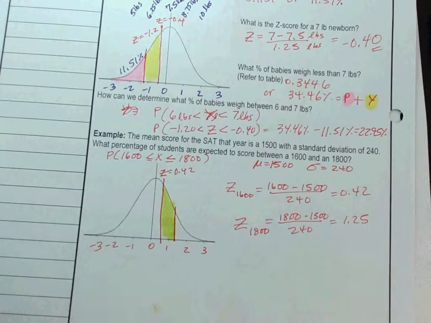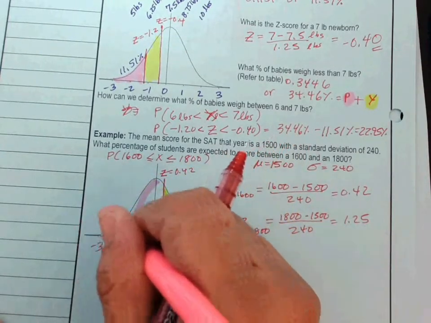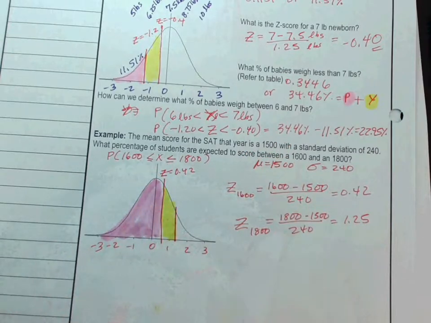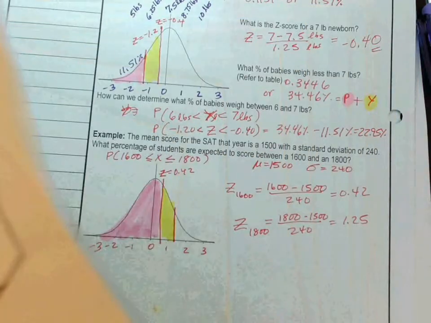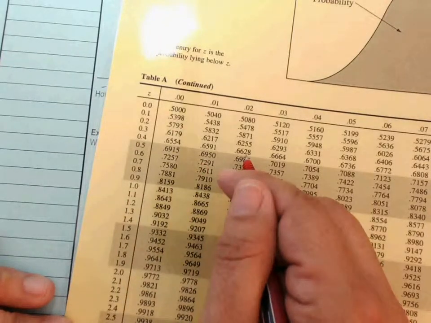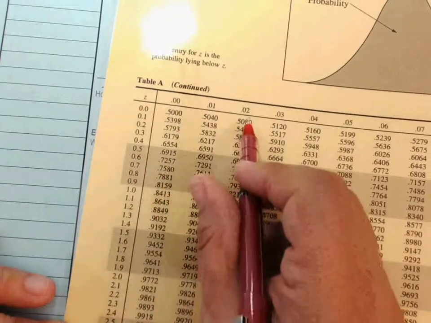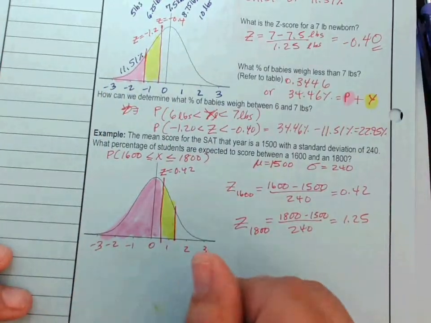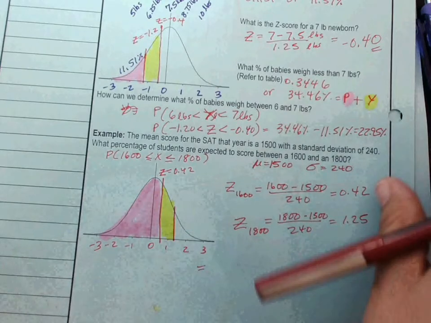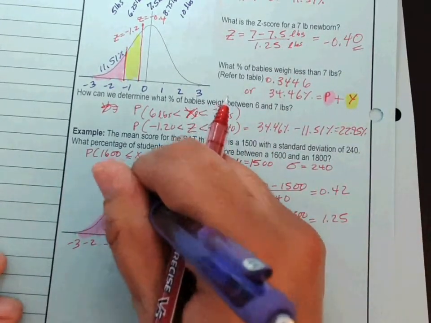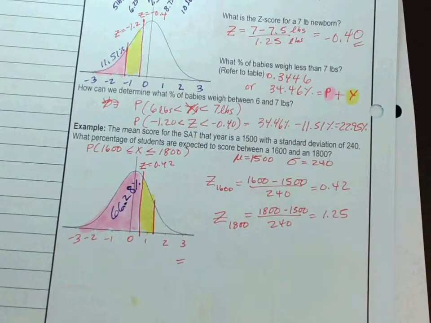Well, I can tell you that the pink area I know how to find from my table pretty easily because, let's see, 0.42, I'm on the positive side, so I'm on the above average side. 0.42, 0.6628. See how I did the 0.4 and then I went to the 0.2. It's 0.6628, or 66.28%. That percentage is the pink area.